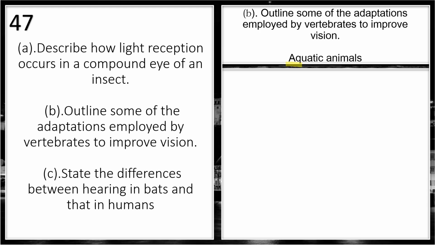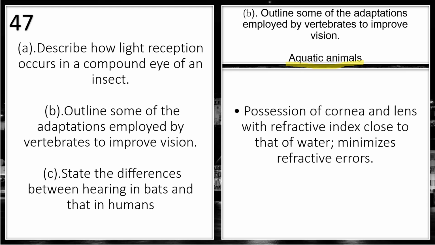Let's now talk about aquatic animals. Possession of cornea and lens with refractive index close to that of water. This minimizes refractive errors.